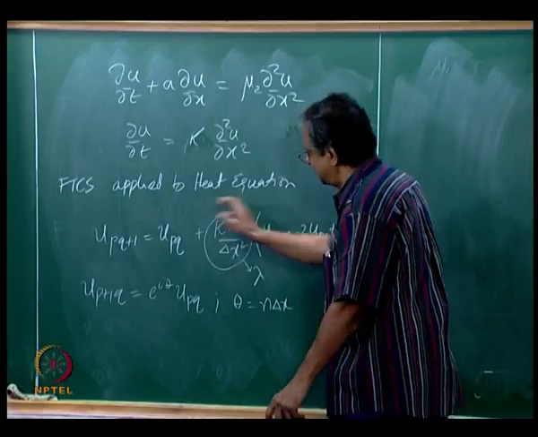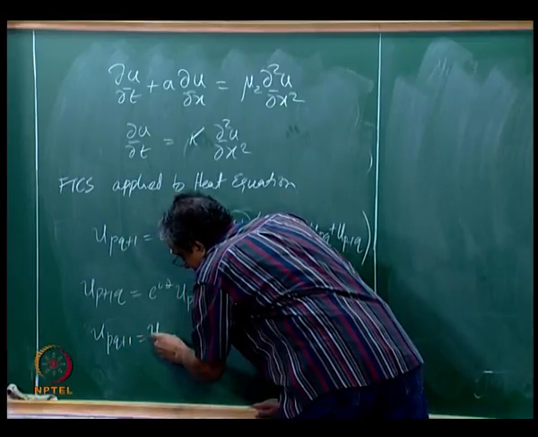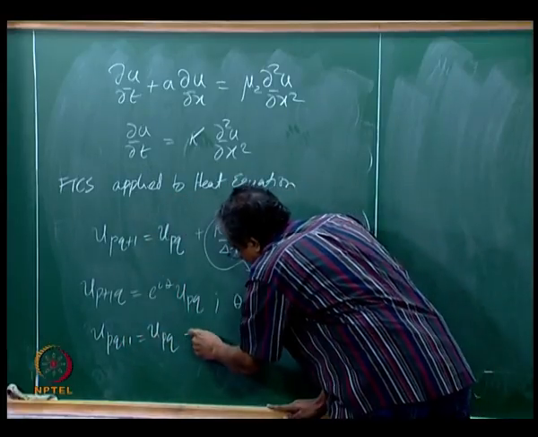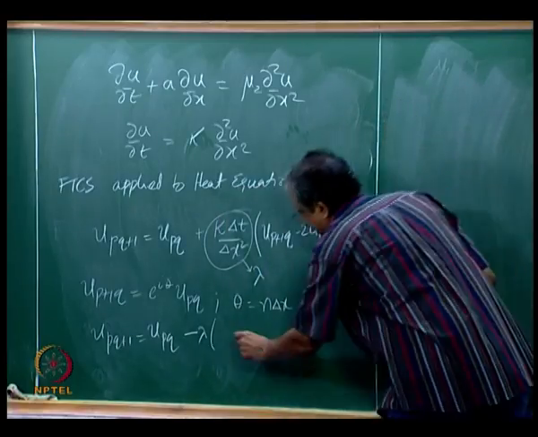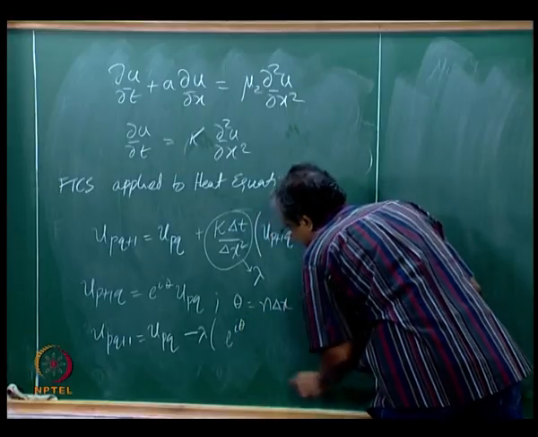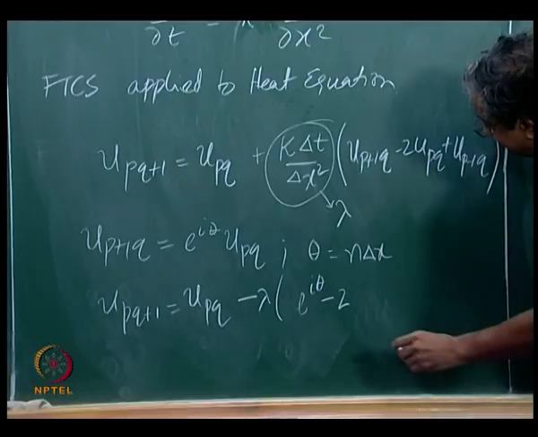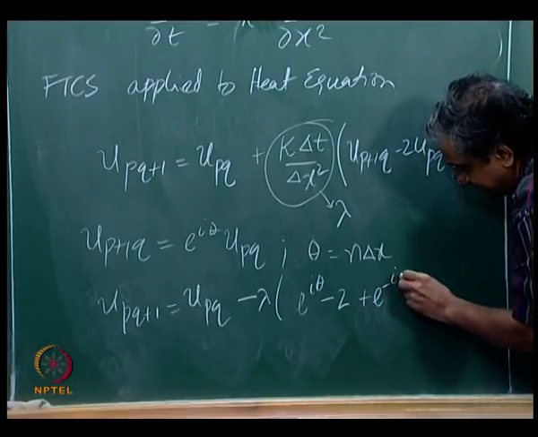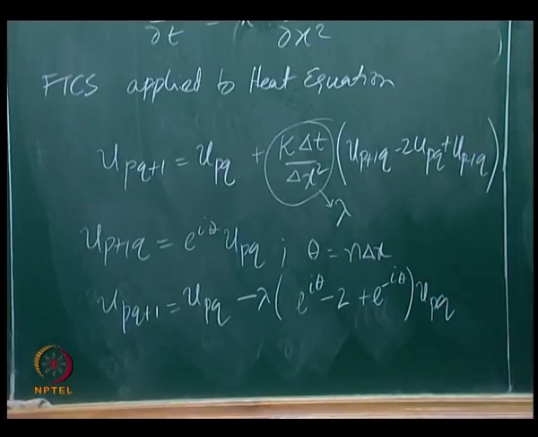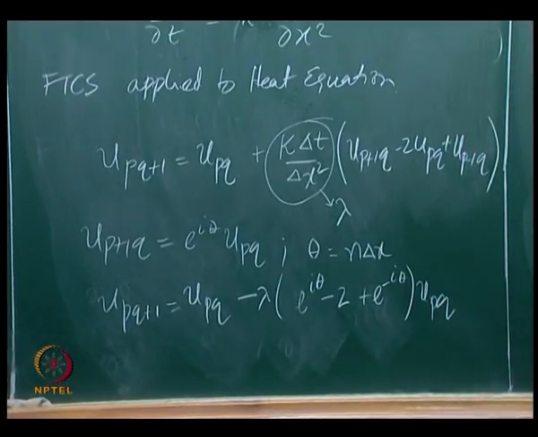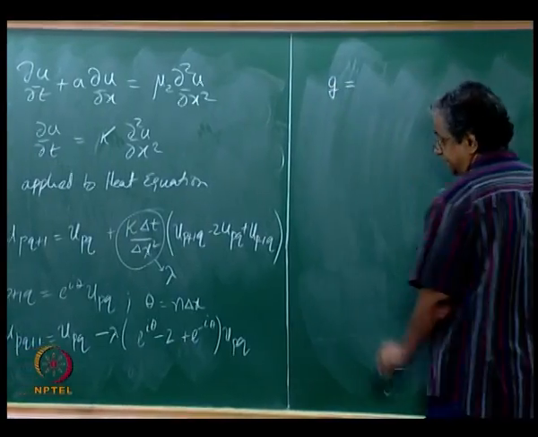So this basically becomes U(p, q+1) is U(p, q) plus lambda times e power I theta minus 2 plus e power minus I theta U(p, q). And therefore, from our earlier stability analysis, G, did I make a mistake somewhere?